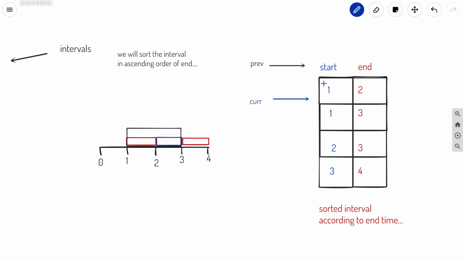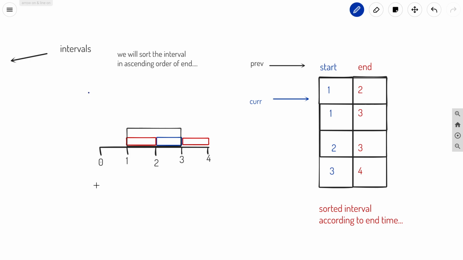They have asked us to remove the minimum number of intervals such that we get non-overlapping intervals. So what we can do is find the maximum number of intervals which we can keep in our list. Then, by subtracting that maximum number of intervals from the total number of intervals, we will get the minimum number of intervals that we need to remove.